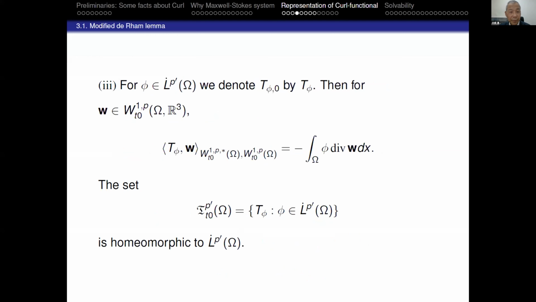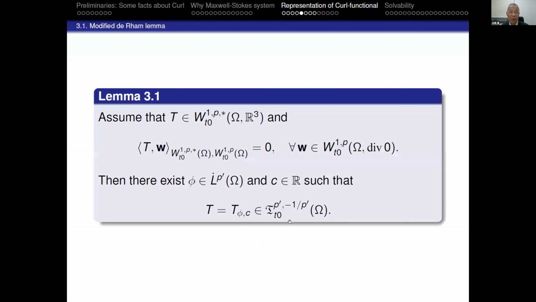Okay, then we have the following conclusion. Assume you have a bounded linear functional acting on W1P T0 and vanishing on the subspace with divergence 0.